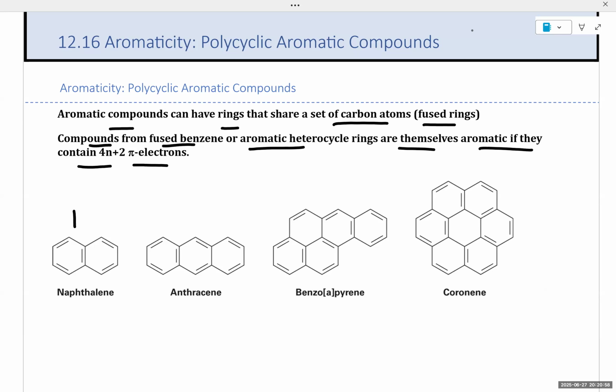For example, naphthalene has 10 pi electrons, anthracene has 2, 4, 6, 8, 10, 12, 14 pi electrons, and so forth. Polycyclic aromatic compounds are pretty unique and interesting compounds, but we're just going to discuss them as a footnote as we conclude this chapter.